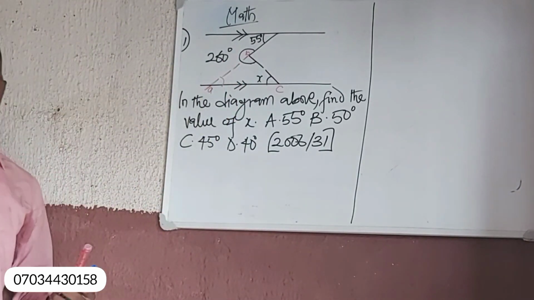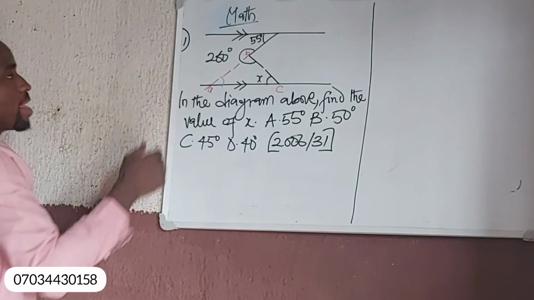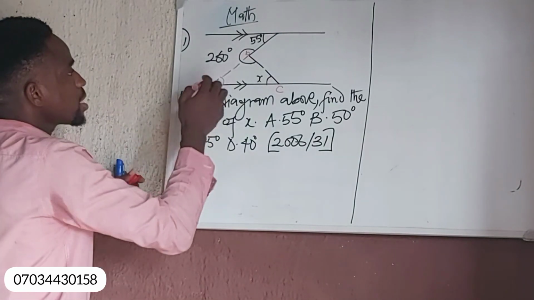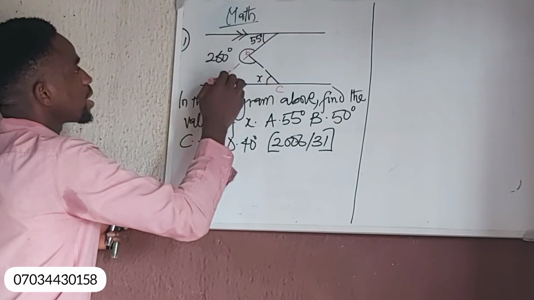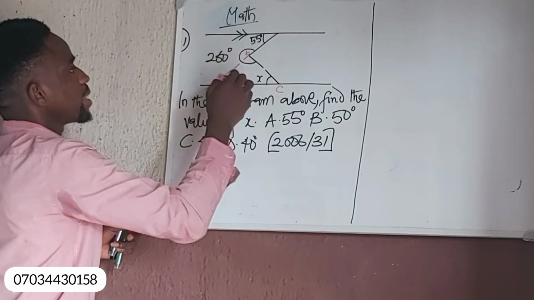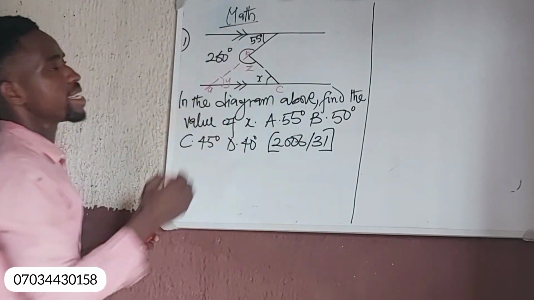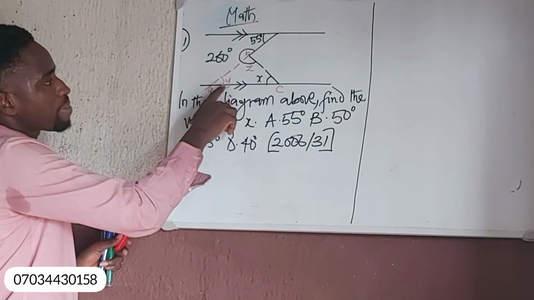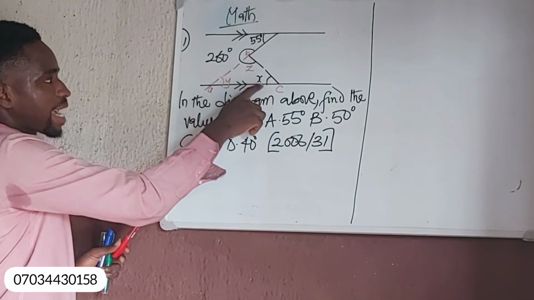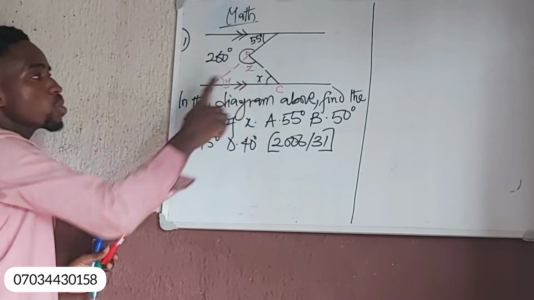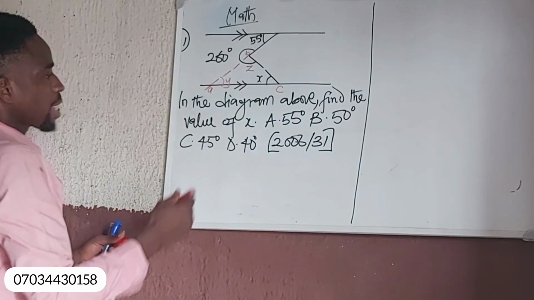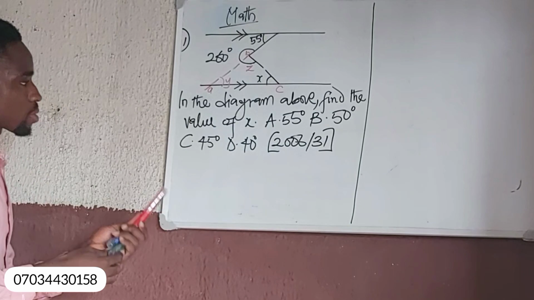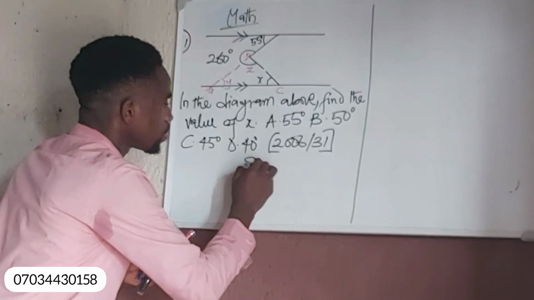How do I get the values of the angles there? If I call this angle Y and call this angle Z, once I find the value of angle Y and angle Z, I can easily find my X. So how do I find my angle Y? Here is the solution.